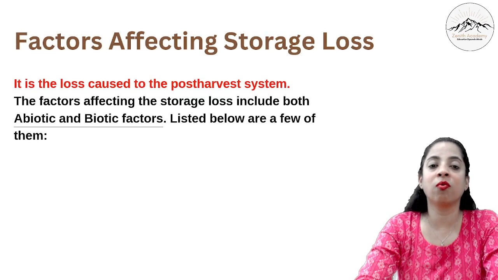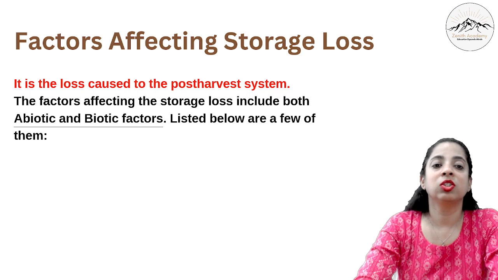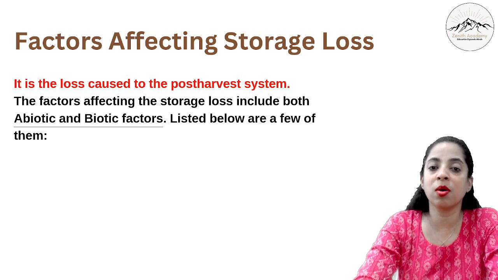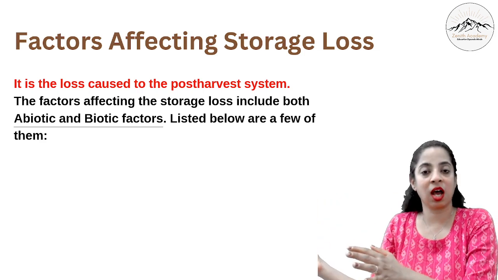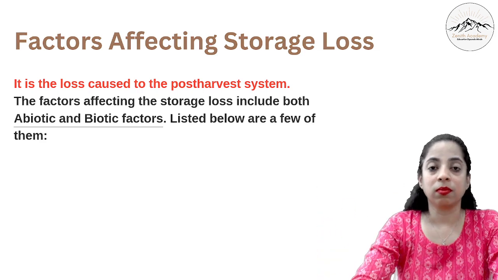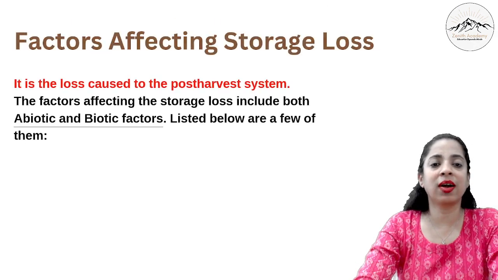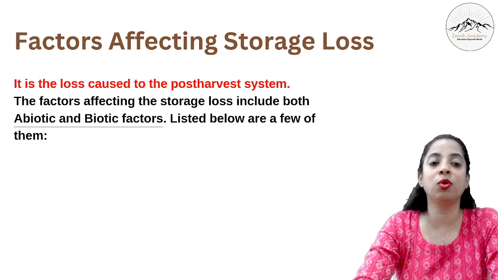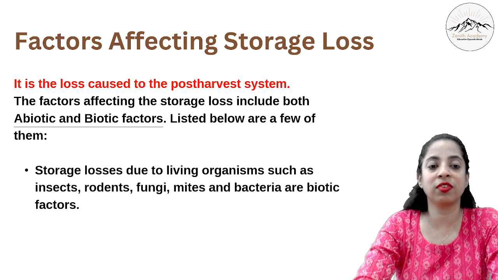So how can we avoid it, and what are the factors that are affecting storage loss? So it is the loss caused to the post harvest system. We have harvested and post harvesting the loss is caused, that is called storage loss. Okay. Now the factors affecting the storage loss include both abiotic and biotic factors. So let's list a few of them.